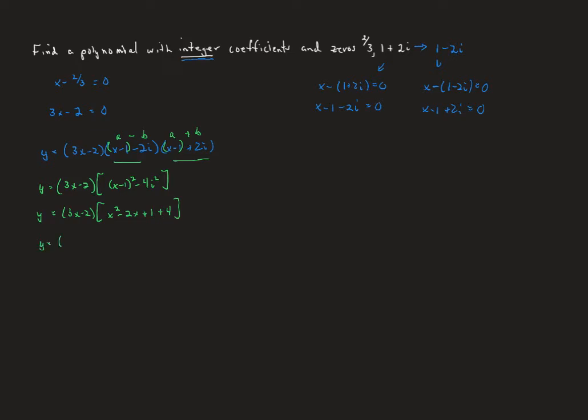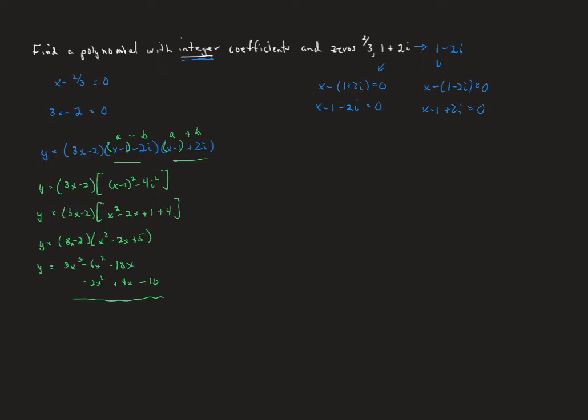And so then, at long last, I'm going to brute force this binomial times a trinomial. I don't have a great way of doing this. When we multiply by 3x, we'll get 3x cubed minus 6x squared minus 10x. And then I'm going to come back with the negative 2. That'll be a negative 2x squared plus 4x and a minus 10.